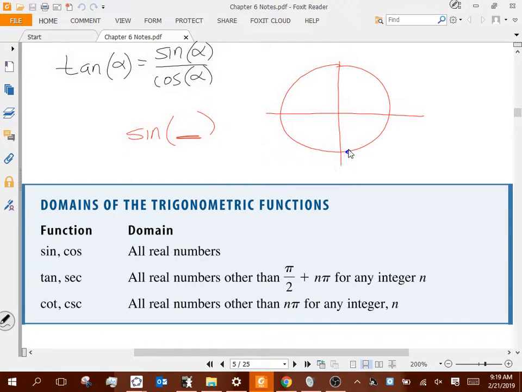Obviously, when n is 1, it's going to get me to here. It's going to show me that other point on the unit circle inside 1 revolution where I have division by 0 for cosine, or cosine is 0. But if n is 2, that would take me all the way back around to there, right?